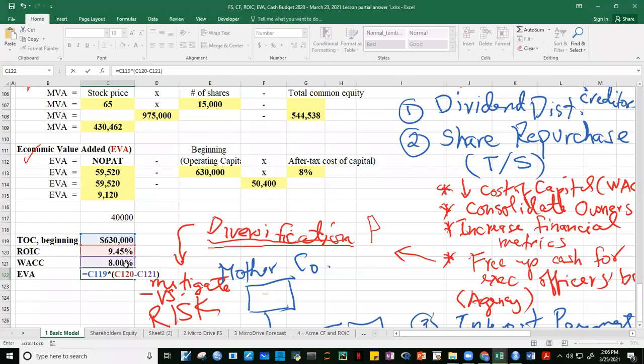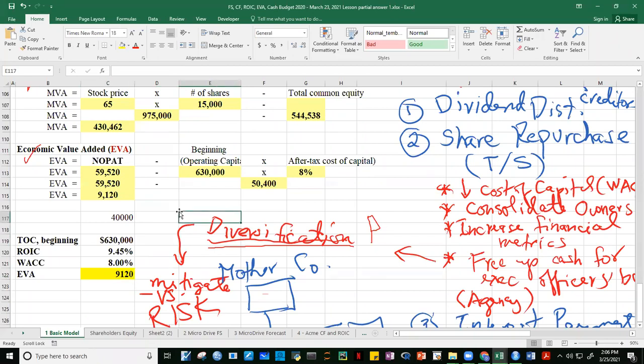Remember the rates: we earned 9.45%, the cost is 8%, so we net them. We earned 9.45%, but using capital costs 8%, so we subtract that to get the net. Our net of 1.45% is what we earned on the capital of 630,000. So that's your 9,120, which is your EVA. Sorry, I was wrong earlier to use the NOPAT.